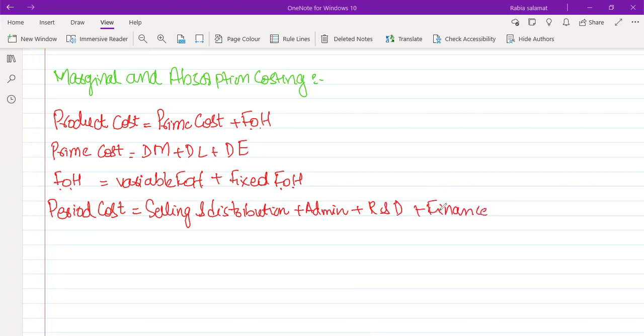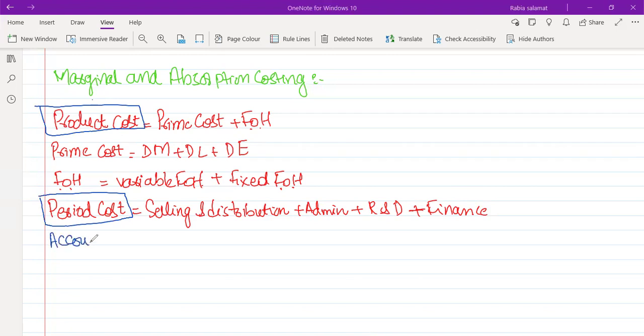Before we discuss the technique of marginal and absorption costing, we should know the accounting treatment of product and period cost. What is the accounting treatment of product and period cost? This is your product cost, this is your period cost.